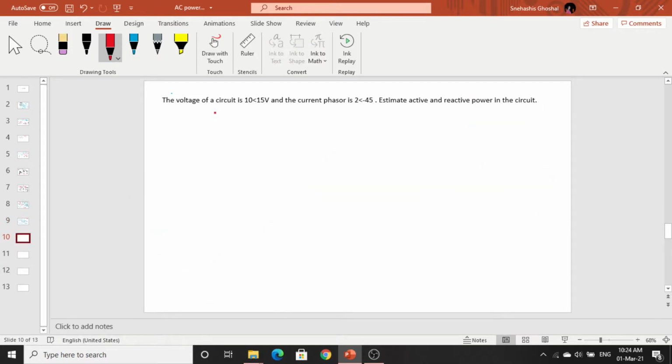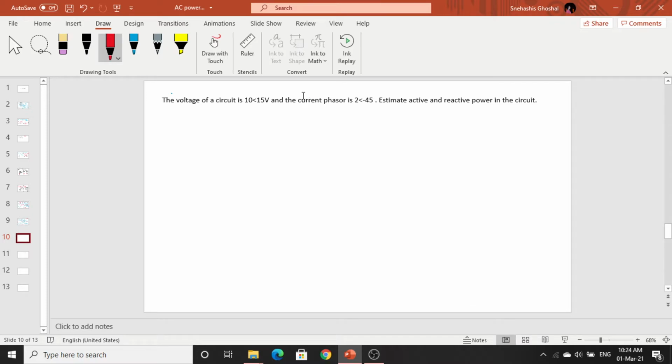The concept of AC power we can verify with two very simple numerical problems. The first problem says that the voltage phasor of a circuit is given as 10 angle 15 degrees and the current is given as 2 angle minus 45 degrees.